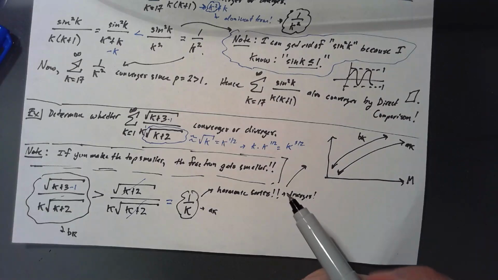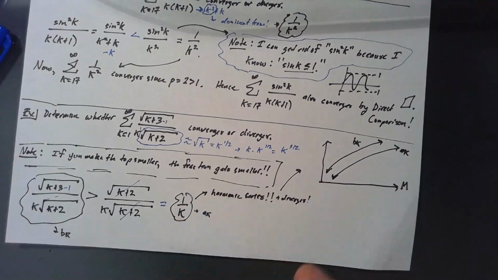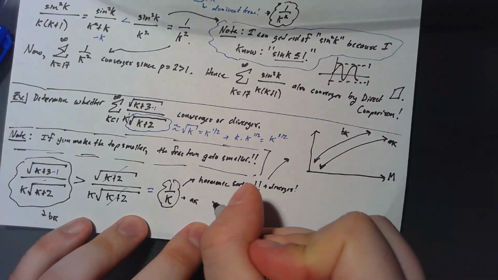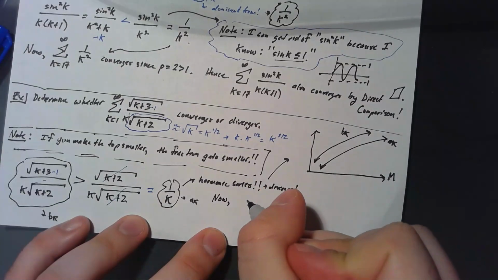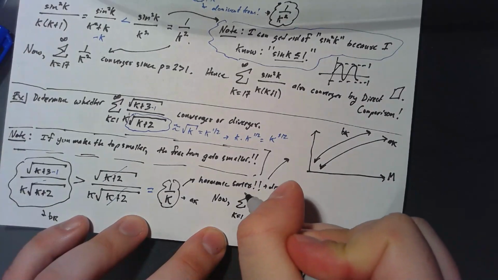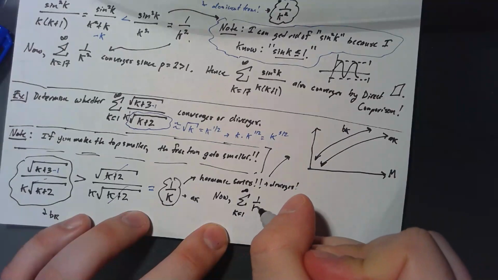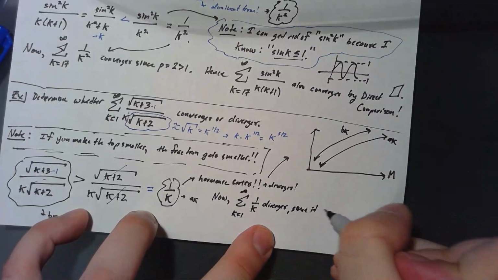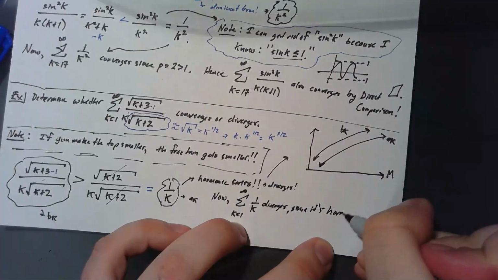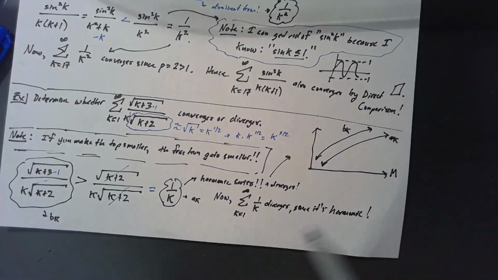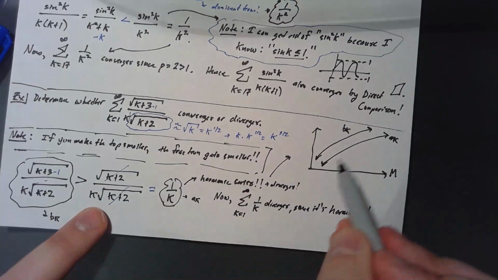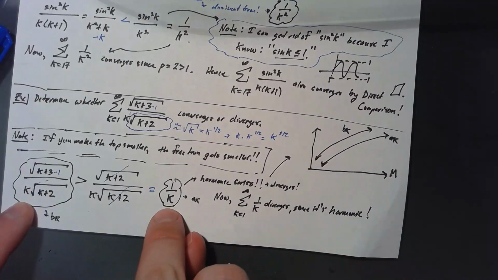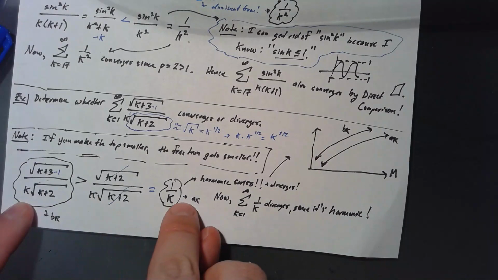Now the series k equals 1 to infinity of 1 over k diverges, since it's harmonic, and because I know the comparison's set up correctly, because I looked at how this relates to this. This is a known series, and by doing this math trick, I'm able to get to here.